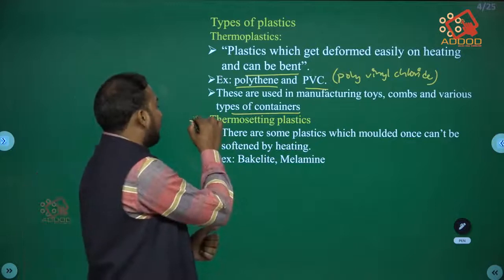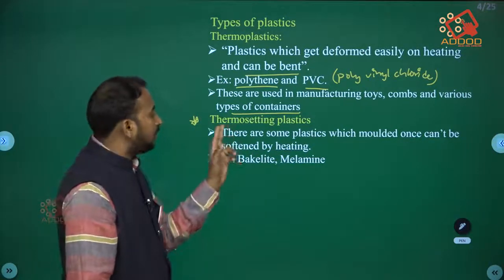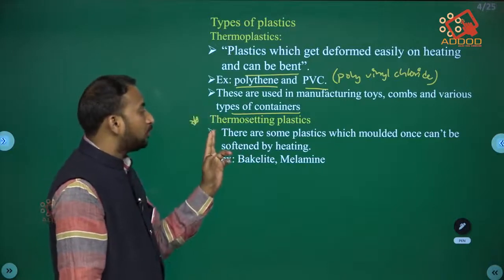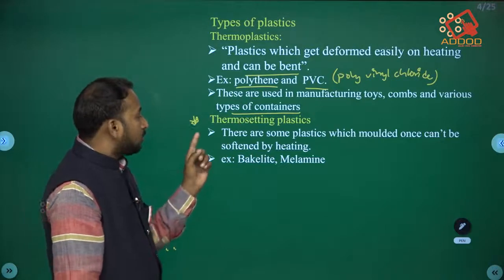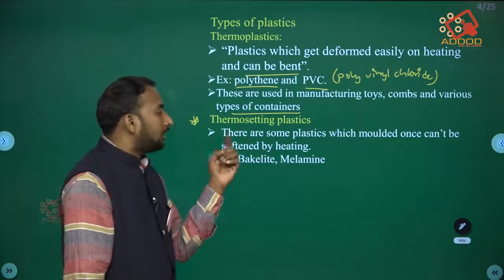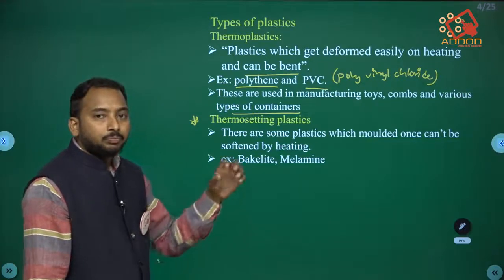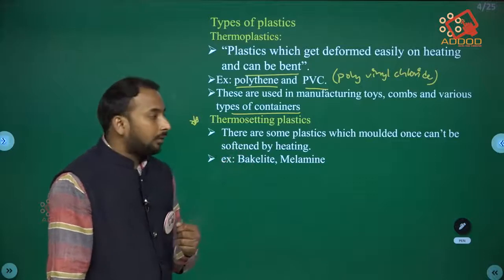The next one is thermosetting plastics. What is the difference between thermoplastics and thermosetting plastics? The definition of thermosetting plastic is that there are some plastics which, once molded, cannot be softened by heating.